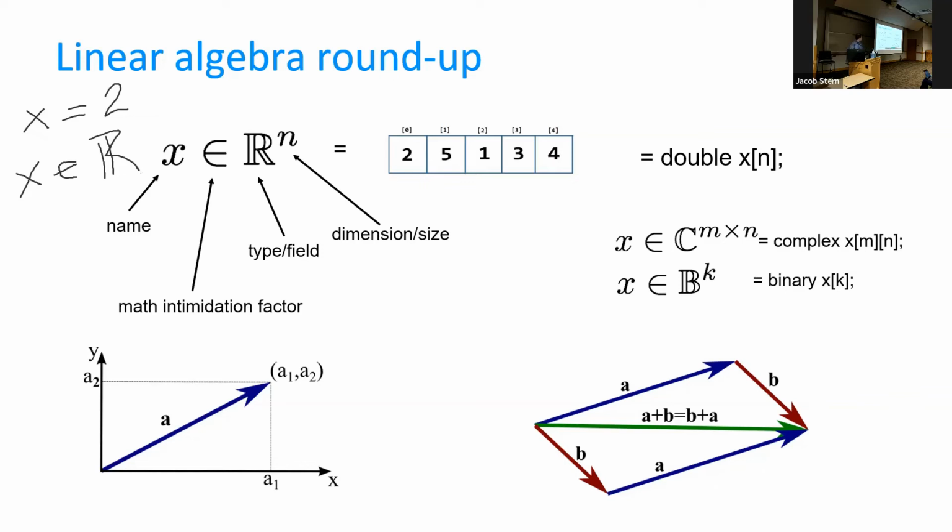If x is a vector, if x is 5 numbers, we would say that x is a member of the set of all vectors of length 5. Any questions on that?